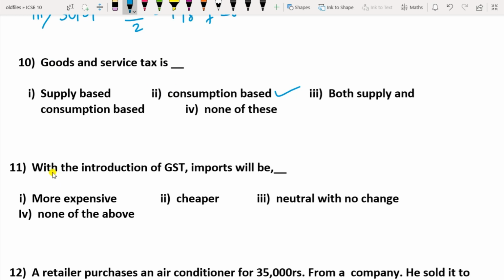Question 11. With the introduction of GST, imports will be cheaper, more expensive, neutral, or none of the above. So it will be more expensive.